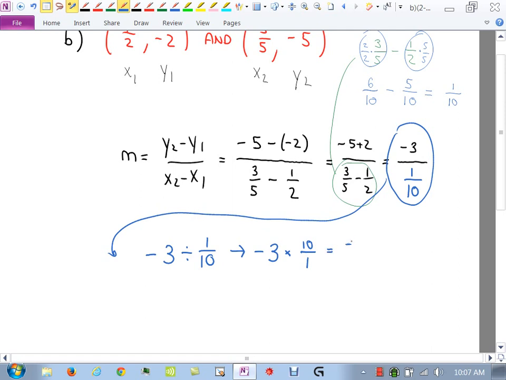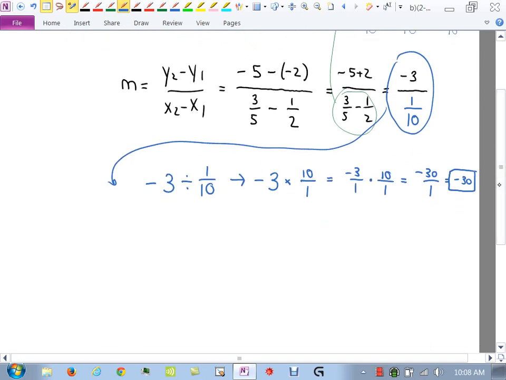Well, that's the same as -3 over 1 times 10 over 1, which is, multiply straight across, -30 over 1, which is -30. Do you agree? -30? So what is the slope of this line? The slope of the line is -30, okay?